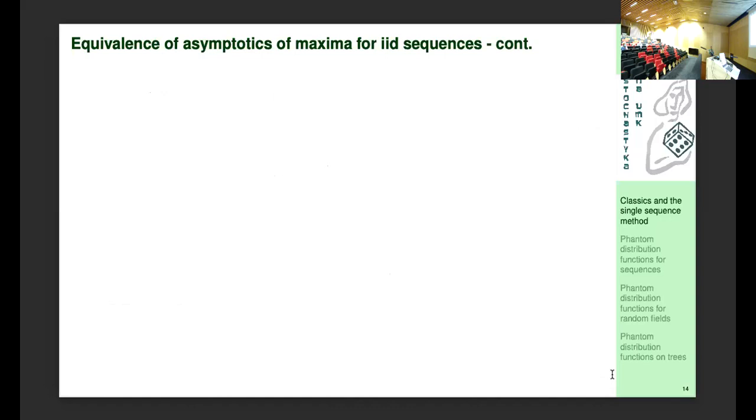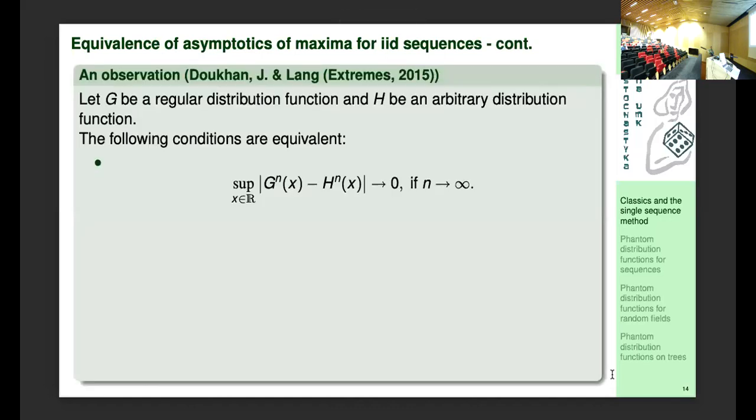And here comes the statement. Suppose we have a regular distribution function G and consider any other distribution function H. This is the result from a paper by Paul, myself, and Gabriel Lang from Extremes in 2015.